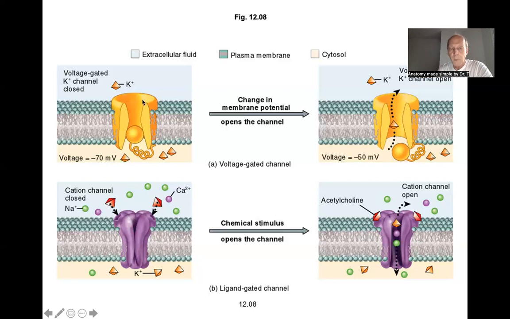So what's going to force this channel to open up? Basically, there are three different possibilities. One of them, which is not illustrated on this diagram, and I'd like to start, is that some cells would respond to physical stimulus.